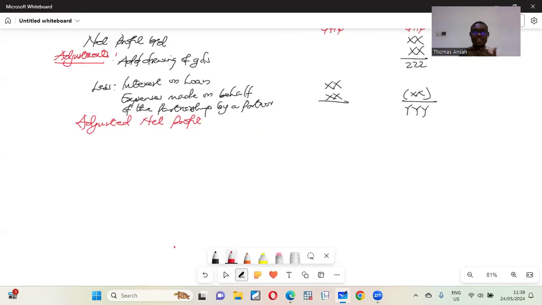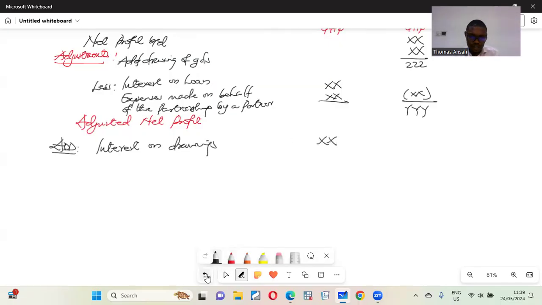So you have to pay that interest to the partnership. If you pay that to the partnership, we are increasing our cash, our profit. That is the reason why we will add interest on drawings.